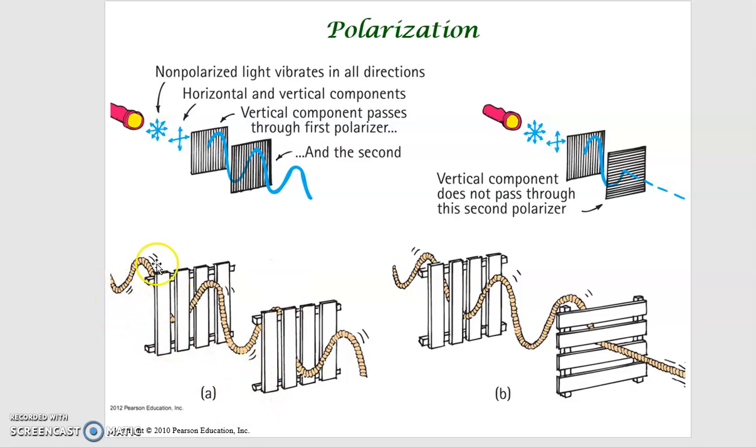If you have a string vibrating, and this is the gap you can produce, you allow oscillation of the string in the vertical direction. So you can treat this as a polarizer. The vibration of the string can still pass through. So this is basically what happens here.